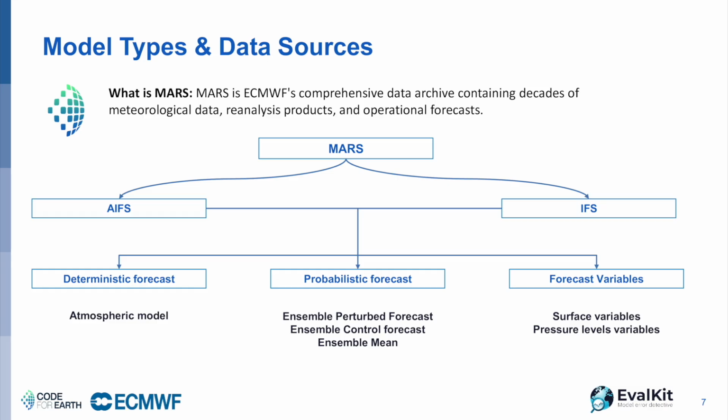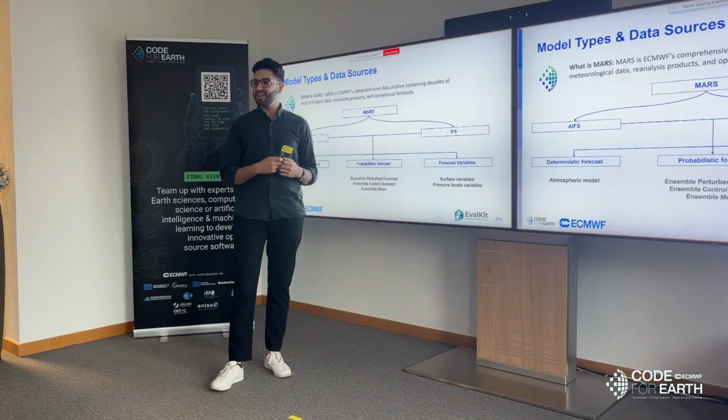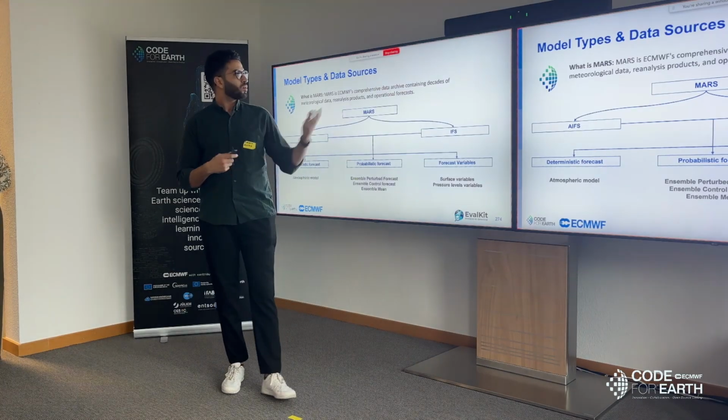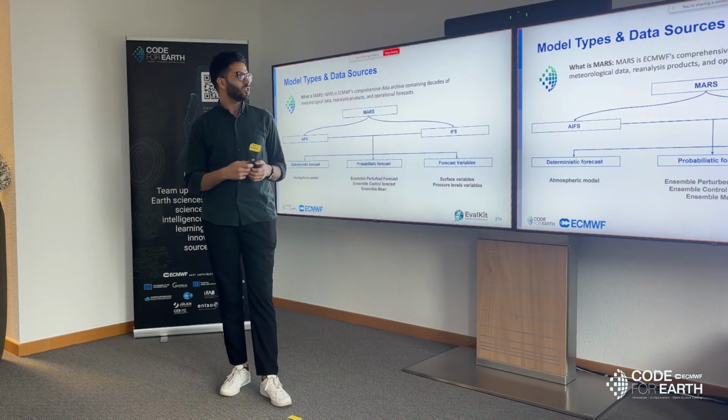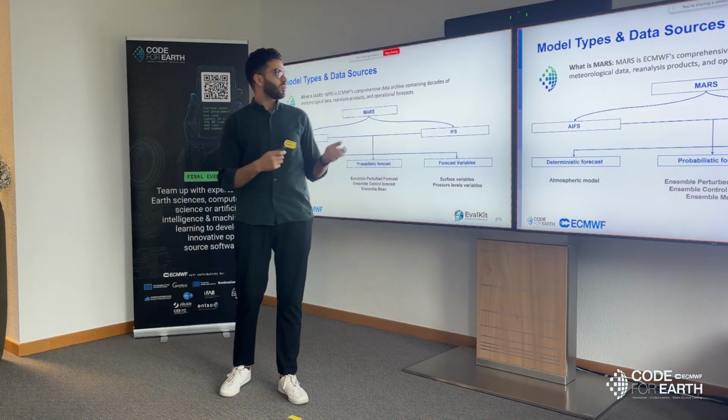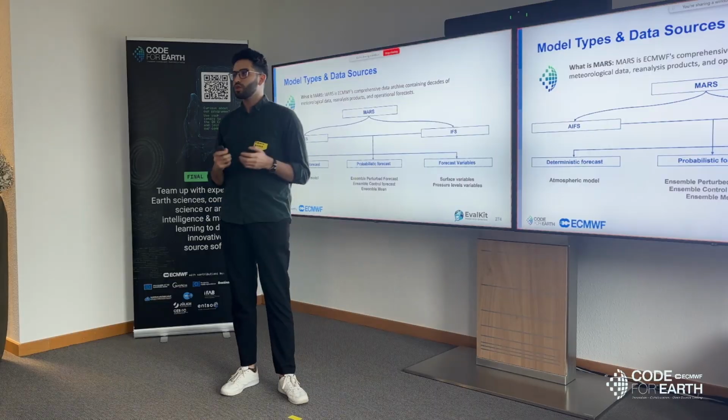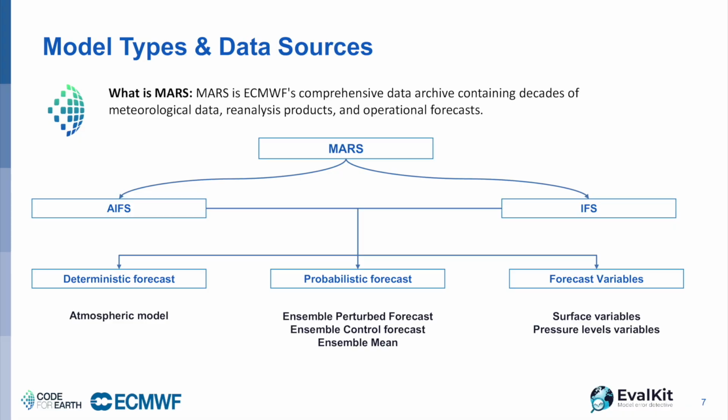Now, I want to go a little bit into the terminology. Although you are better than us in this, we basically worked with MARS data, which is the archival system that stores decades of meteorological data and a lot of products.